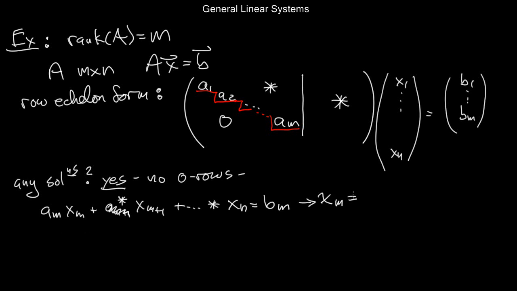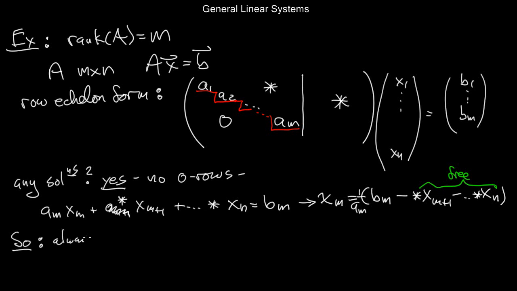In other words, xm is equal to bm minus a linear combination of these free variables, something times xm plus 1 up to dot dot dot something times xn, and that's a legitimate solution for xm, and you can work back one step at a time. You can do back substitution and solve this. So yes, it has a solution.